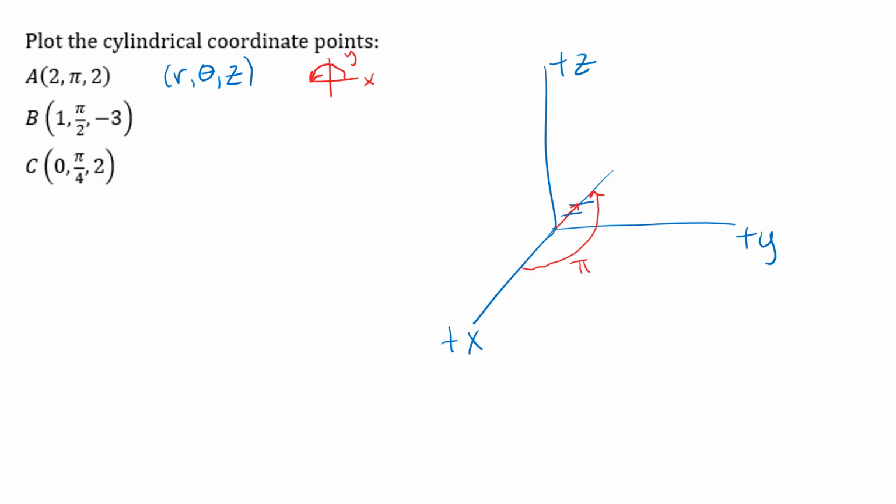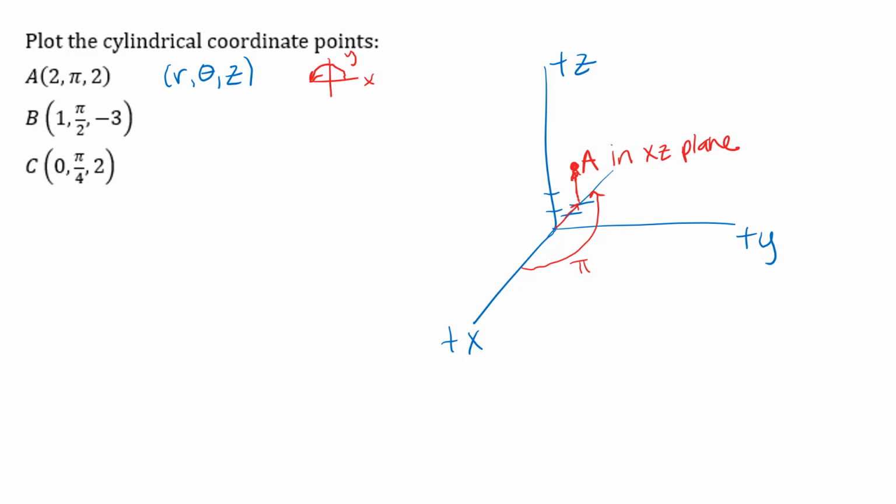All right, and then I want to do my z-coordinate, so I need some scale in my z direction here. From that point where I rotated around pi and went back 2, I'm going to go parallel to my z-axis, about that same distance. And then there's going to be my point A, and that point A is going to be in the xz plane above the negative part of the x-axis.